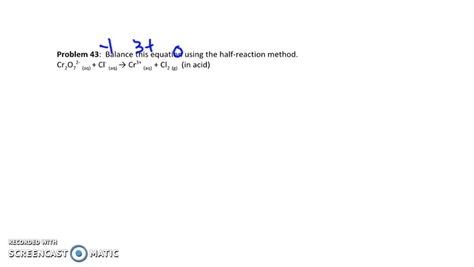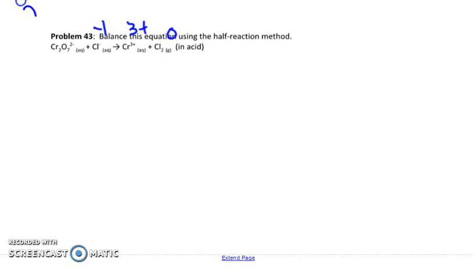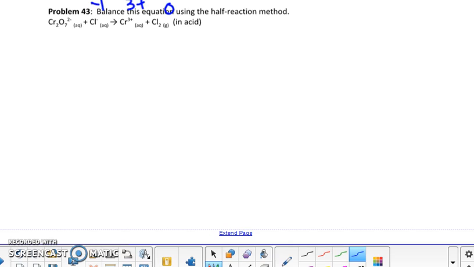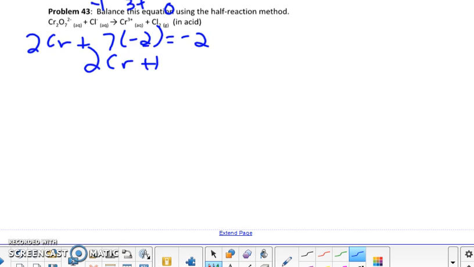The last one to deal with is dichromate. If you know that oxygen is -2, then you can certainly solve for chromium. So 2 times chromium plus 7 times -2 equals -2. So 2 chromiums plus -14 equals -2.